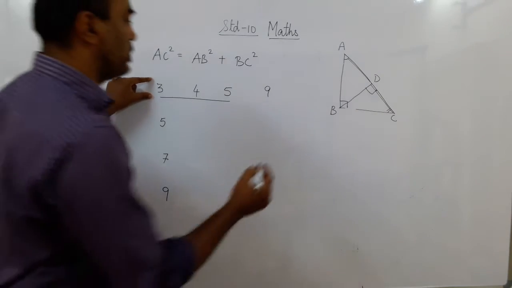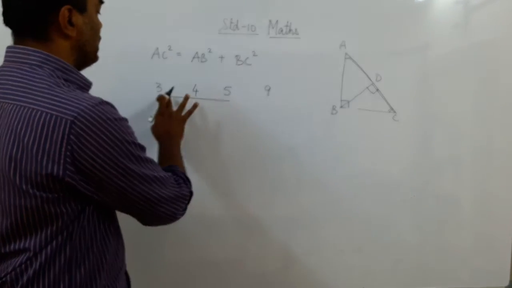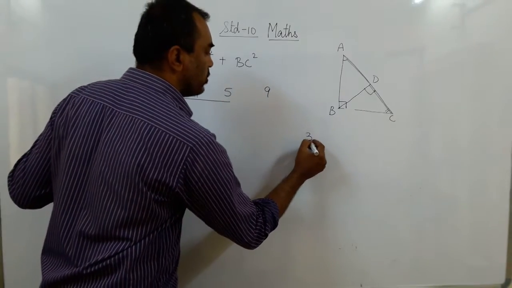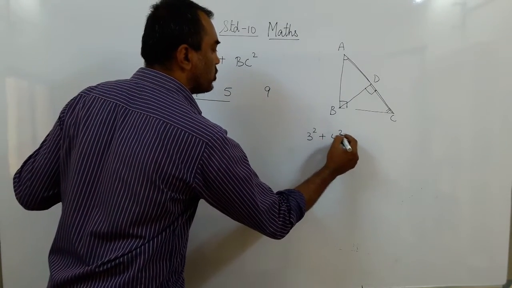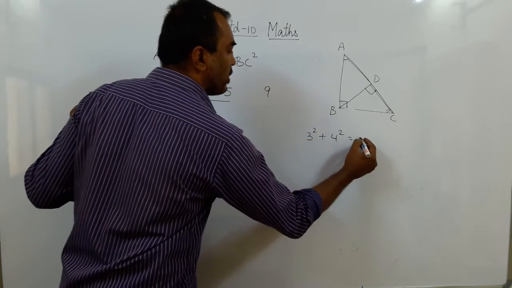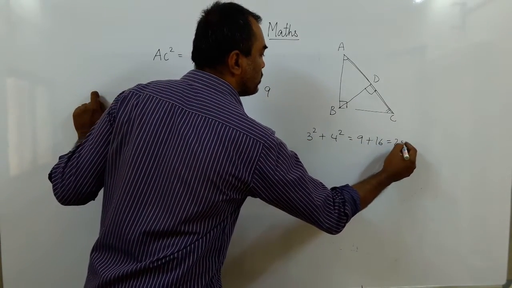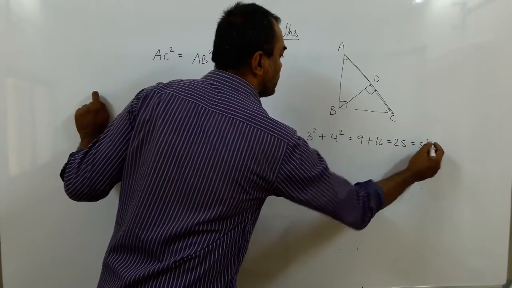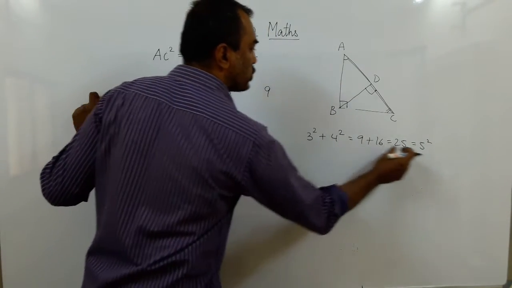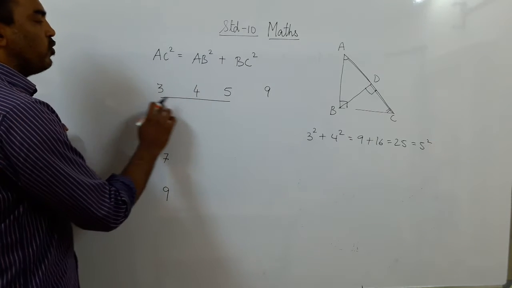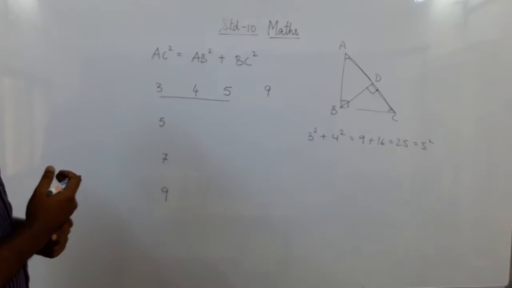Check it out. Which is the longest side? 5. Smaller sides are 3, 4. So 3 square plus 4 square: 3 square is 9, 4 square is 16. 9 plus 16 is 25, and that is 5 square. So 3, 4, 5 is a Pythagorean triplet.